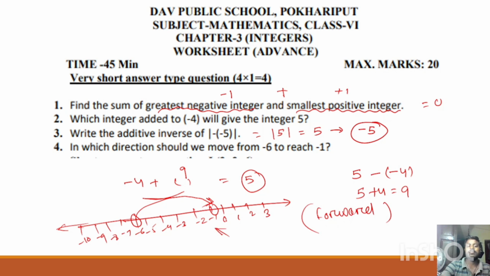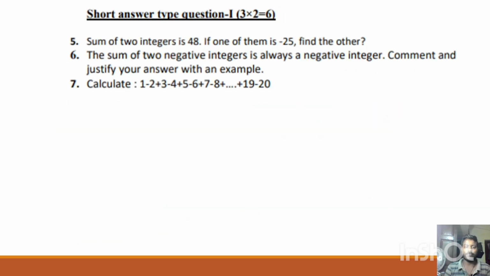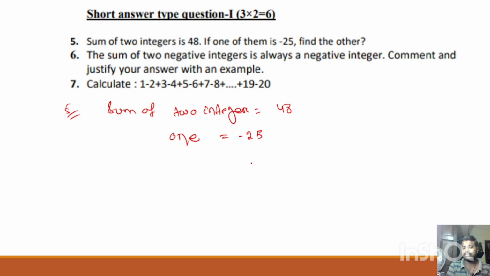Okay. Now next question, question number 5. The sum of two integers is 48. Write down: the sum of two integers is equal to 48, and one is equal to minus 25, and the other we find by subtracting. So the other integer is equal to 48 minus the one, that is minus 25.